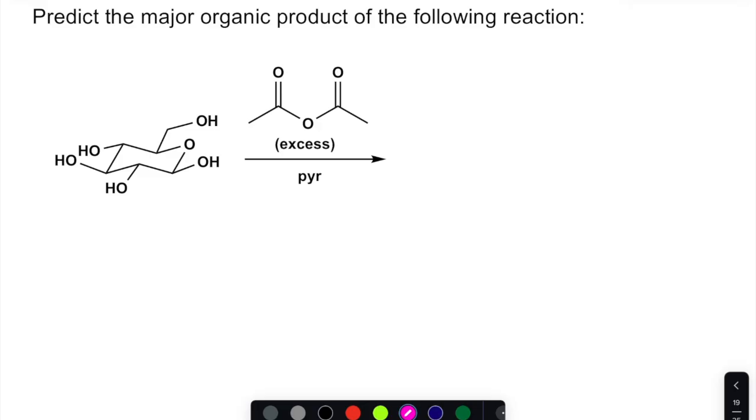Now, previously in the class, we said that some alcohol can act as a nucleophile. Under these conditions, we're going to do our overall transformation, where the leaving group, if we attack that carbonyl, will be this acetate fragment, where we're using pyridine as our proton shuttle to move protons around as necessary.